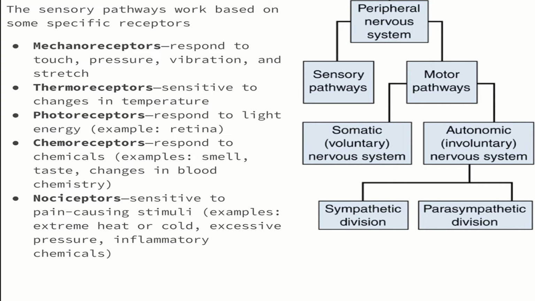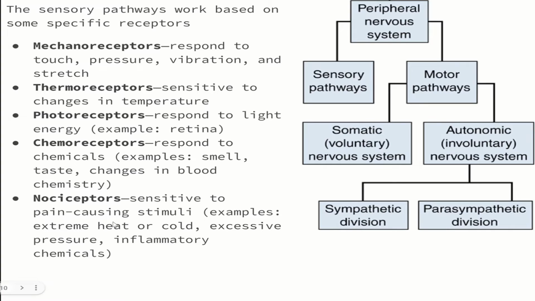Chemoreceptors are going to basically respond to a chemical reaction or to a chemical itself. So you are probably pretty cognizant of the fact that smell and taste are probably chemoreceptors, but you also have chemoreceptors all throughout your cardiovascular system so that you can actually monitor your blood chemistry. And then we have nociceptors.